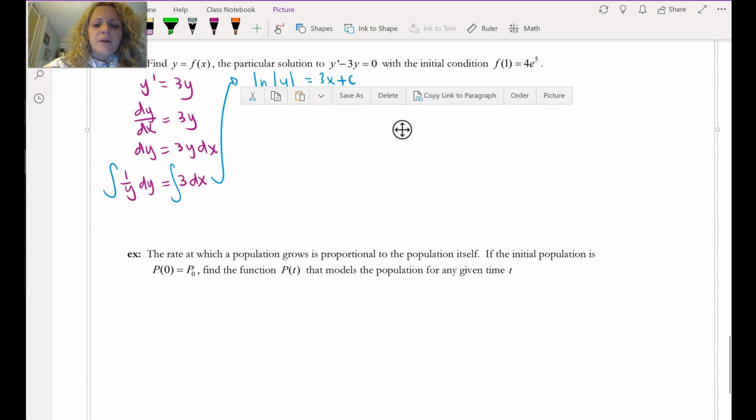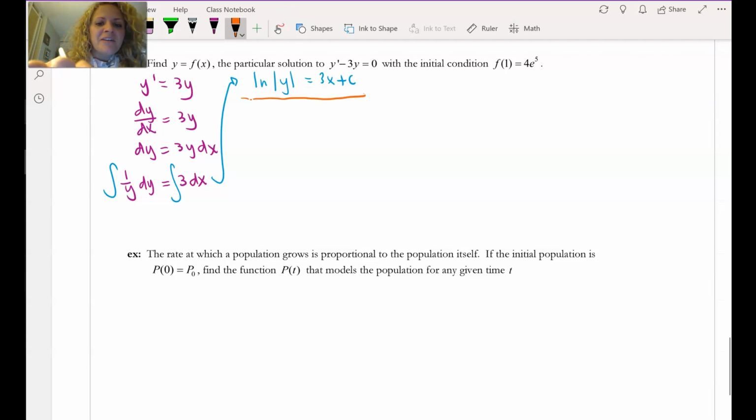Sorry, trying to record and write at the same time is harder than I thought it would be. All right, so we're going to exponentiate both sides. We know that gives us the absolute value of y on the left, and on the right-hand side, e to the 3x plus c.